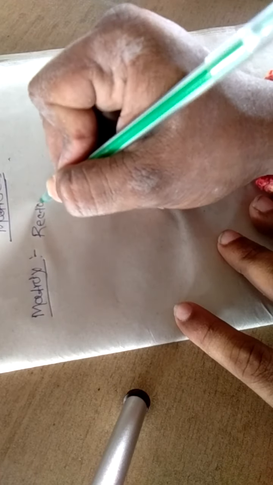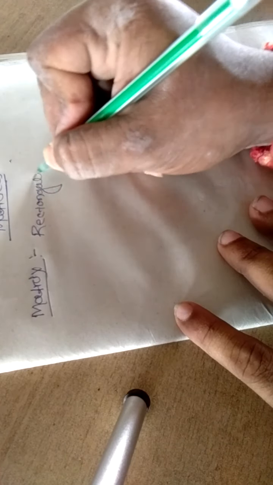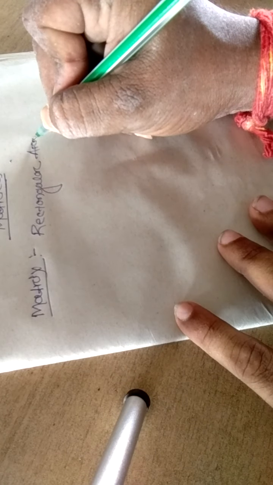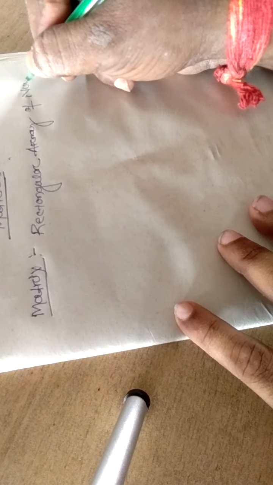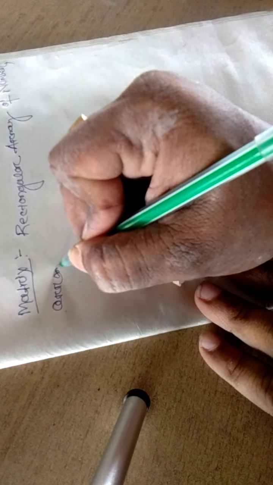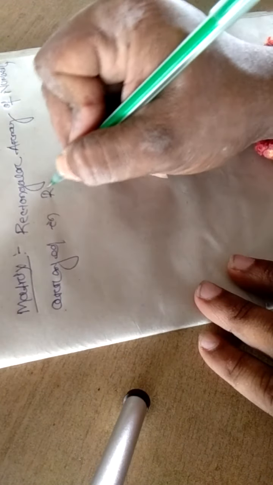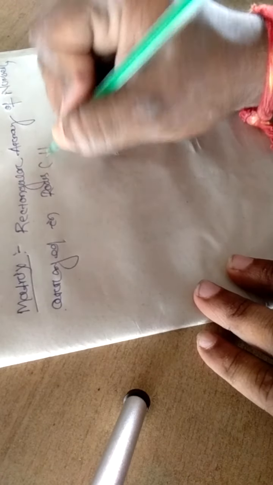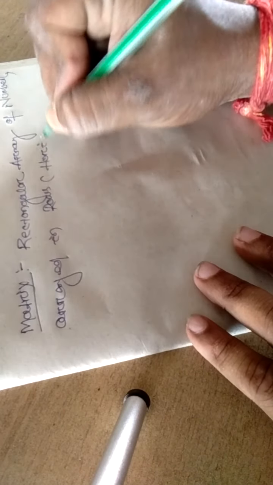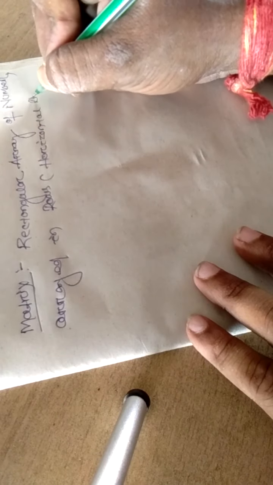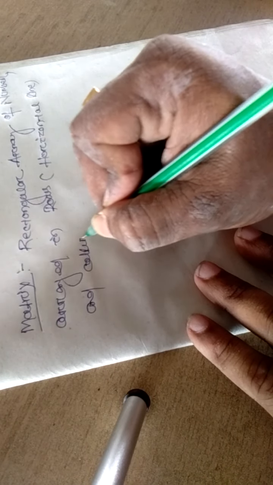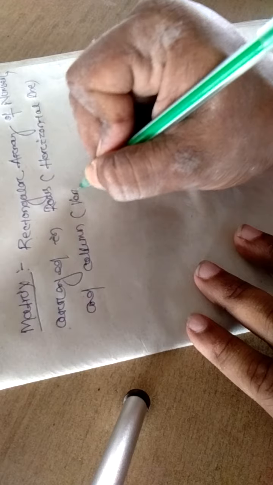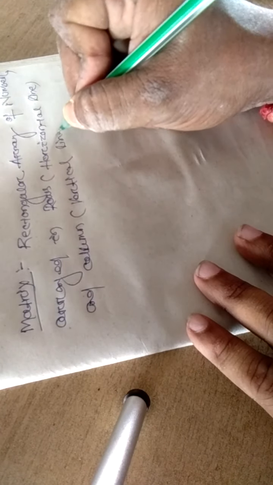A rectangular array of numbers arranged in rows, that means horizontal lines, and columns, meaning vertical lines.